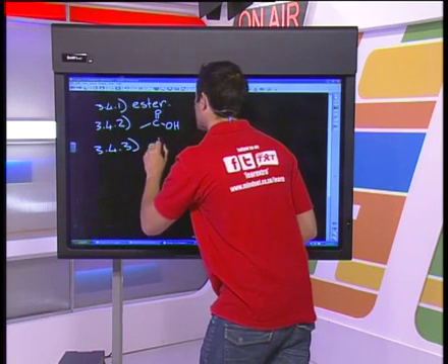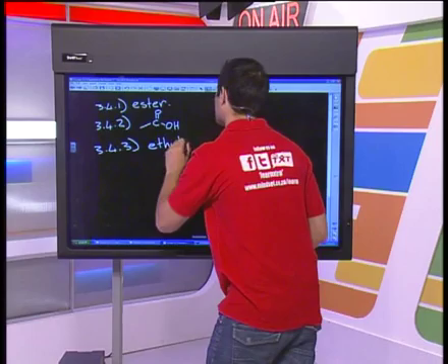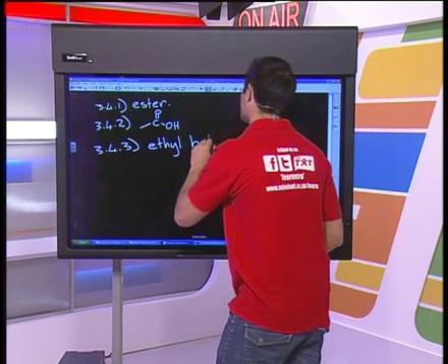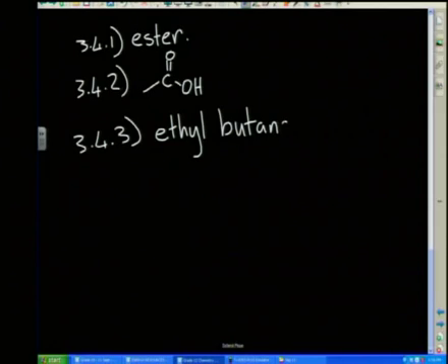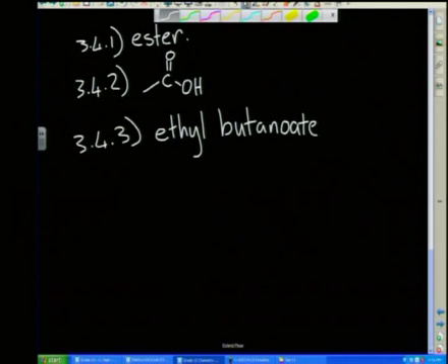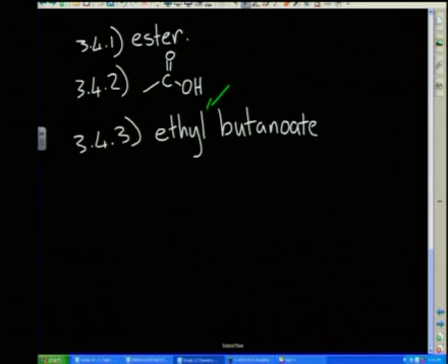Now when you're naming an ester, what you've got to do is realize that the 2 parts of the name actually come from the 2 parts which went together to make the ester itself. Ethyl came from the alcohol. So the first part of an ester's name came from the alcohol, and that's where the ethanol came in. They told me that there was ethanol.